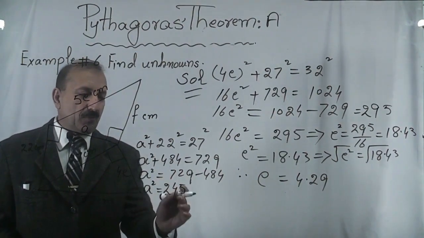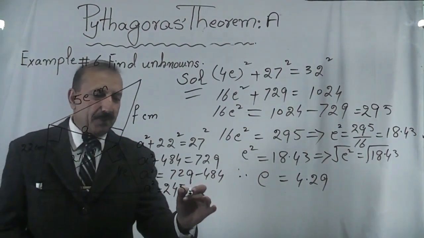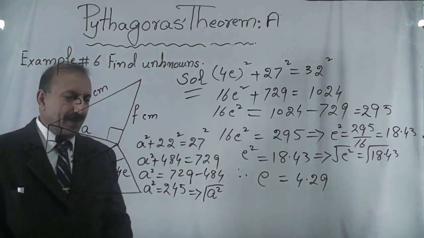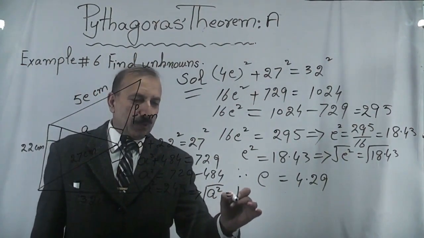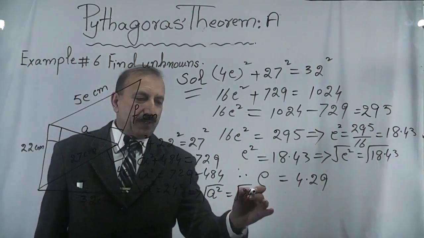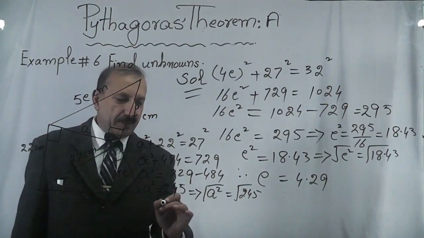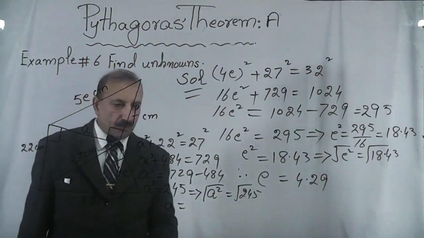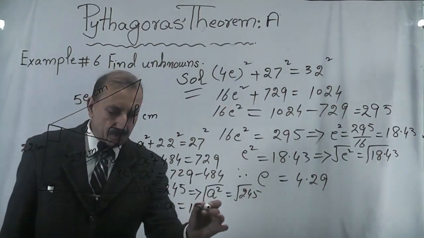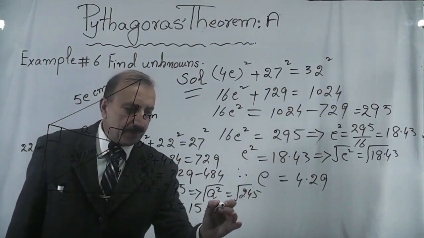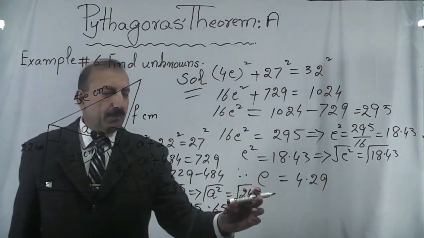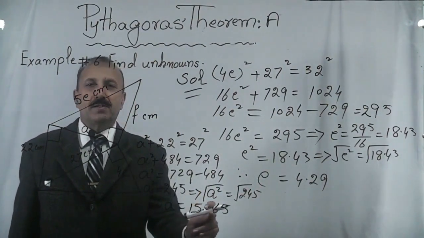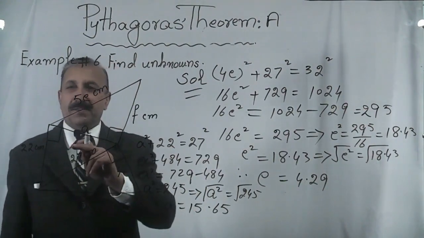So a square is equal to 245, which implies that a is equal to the square root of 245, and ultimately we will get the value of a here, that is equal to 15.65. By using a calculator and operating the square root on 245, we get 15.65, the value of a in this triangle.